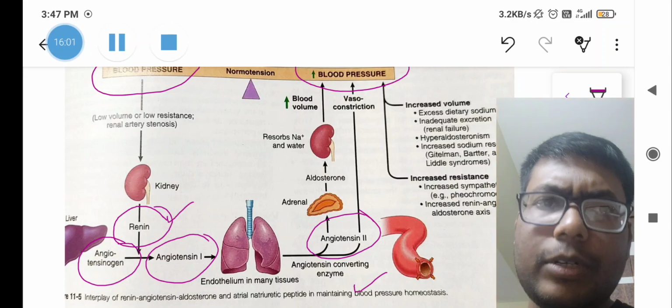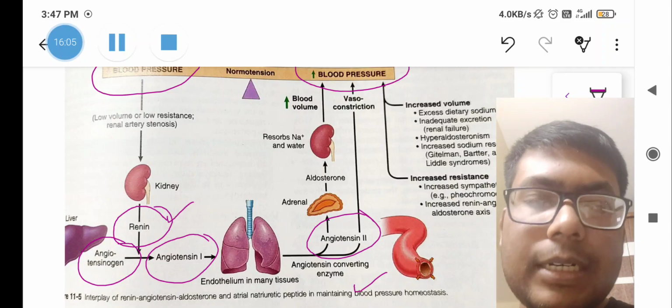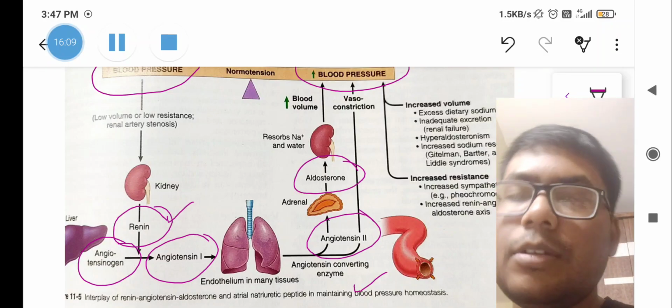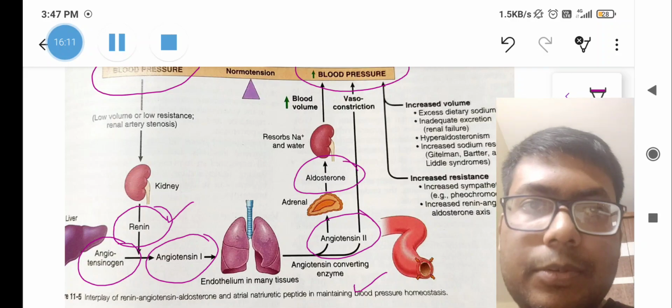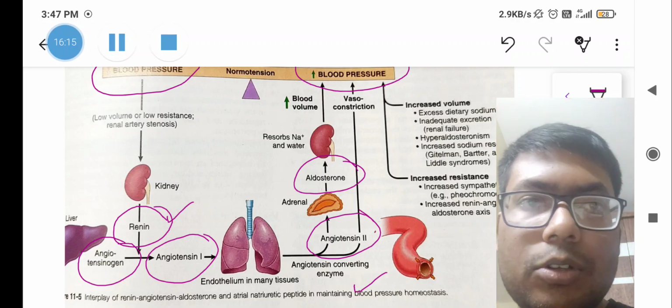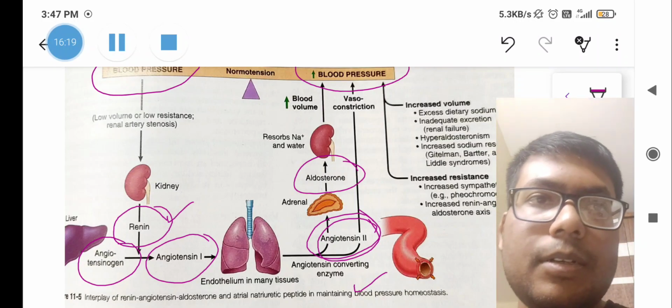And this angiotensin 2 acts on the adrenal gland, and release of aldosterone happens, which acts on the kidney, causing more absorption of sodium and water and increasing the blood volume, and it is also a potent vasoconstrictor, so blood pressure is maintained.